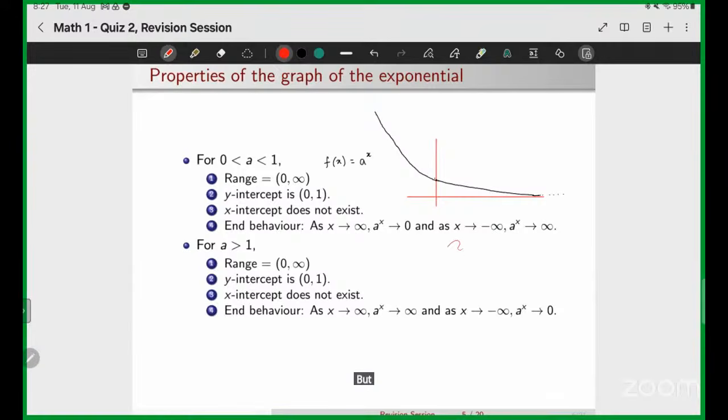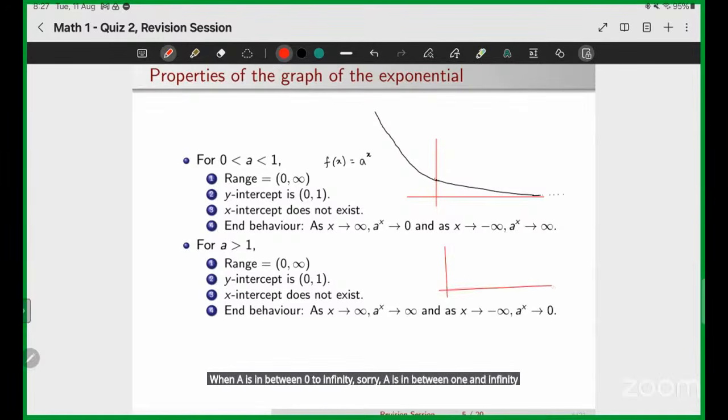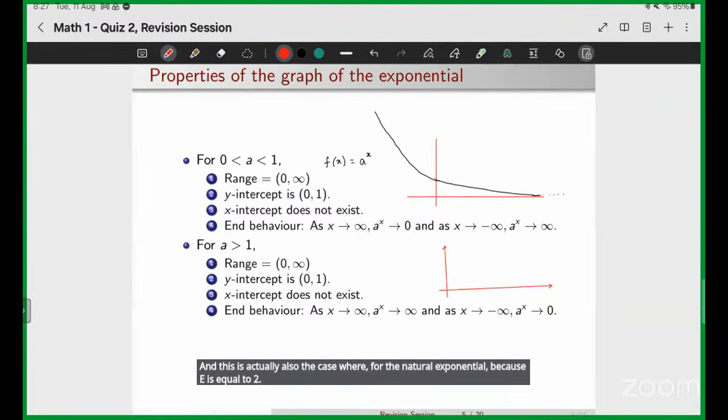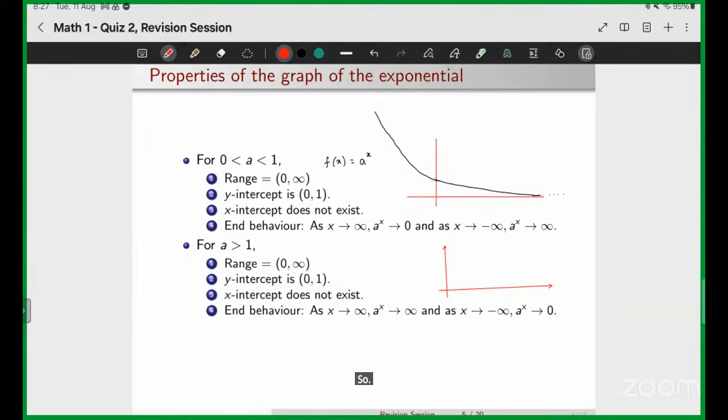But what about the other case, when a is in between 1 and infinity? This is also the case for the natural exponential, because e is equal to 2 point something. So here, once again, 0, 1 is a point on the graph.